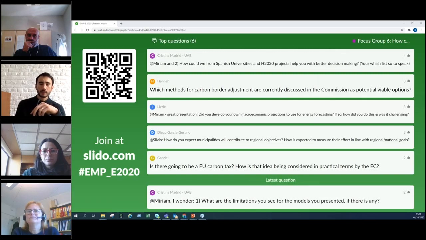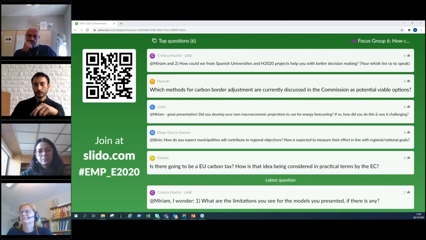Yeah, so carbon adjustment mechanisms are indeed being discussed. It's a complex exercise because of course we are bound by trade regulation.